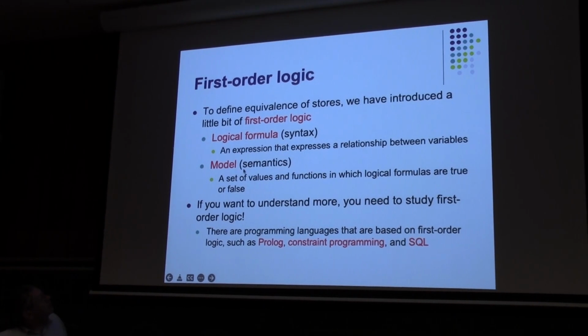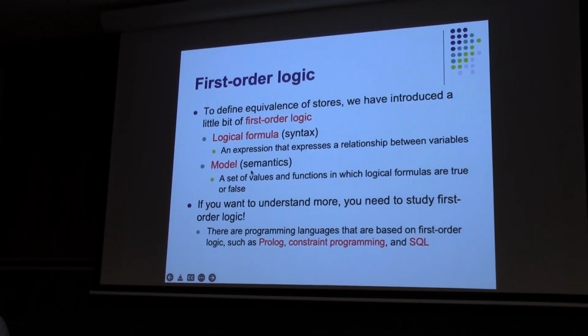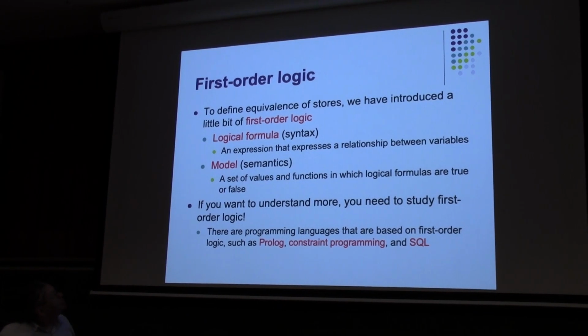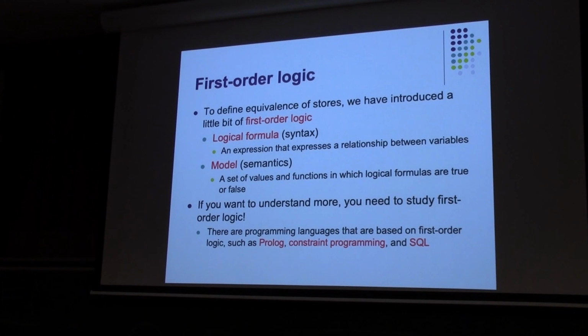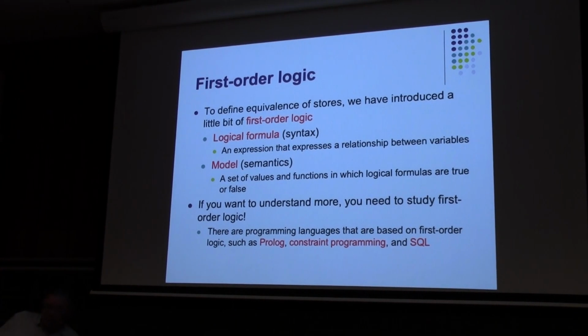But the model tells me whether it's true or false. So the two stores are equivalent if they have the same models, actually. And that's it. I'm not going to tell you more about logic. That's all you need to know about logic for this course.